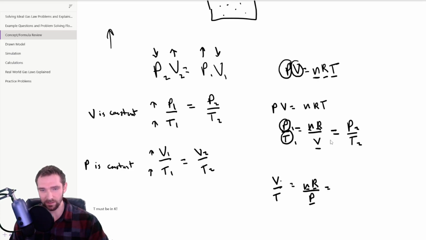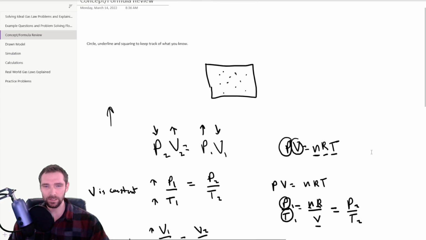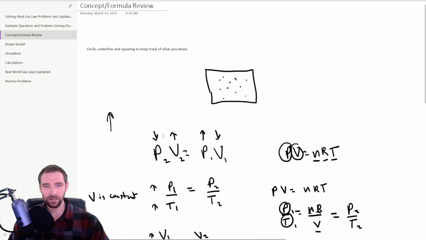So you've got your V1 and T1, which is equal to a second volume and a second temperature. So really what we're doing with any of these problems is you're saying, because I know how this one thing is changing, I know how this other thing is going to change, because everything else is being held constant. That's how all this stuff conceptually connects.